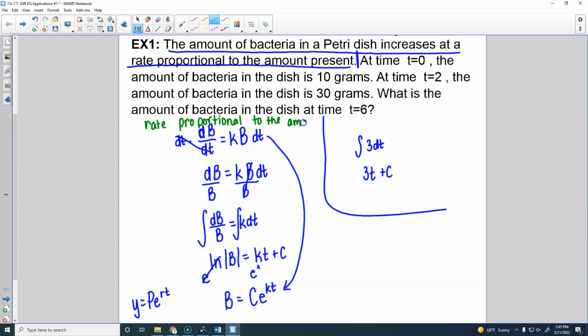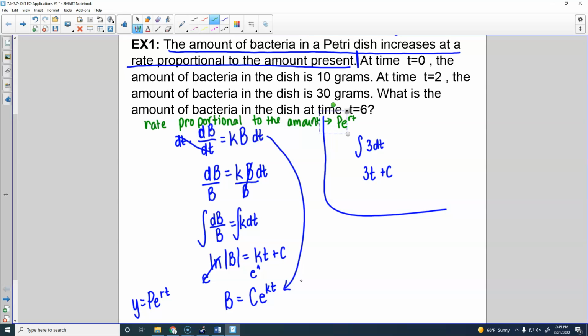So if it says the rate of whatever you're talking about is proportional to the amount of that value, then it's okay to go to PE to the RT or CE to the KT, however you want to call it there. For pretty much anything.